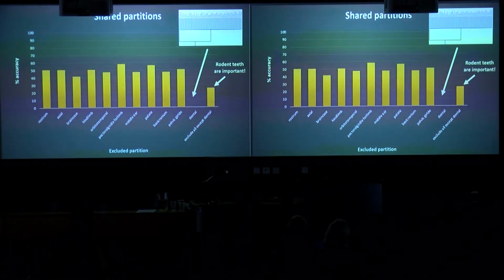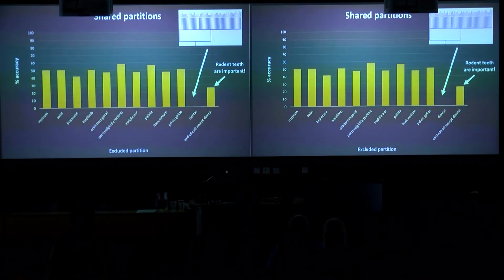But this could suggest that maybe there is useful signal in the dental partition for rodents. However, I think you have to bear in mind that dental characters are 40% of the character matrix. But interestingly, if you exclude every single partition except dental data, you actually recover 25% of the partitions.